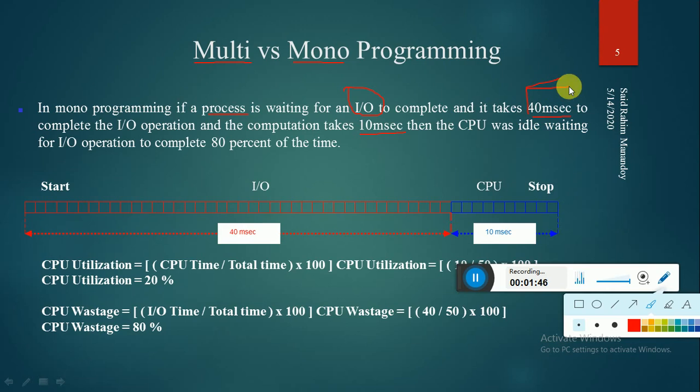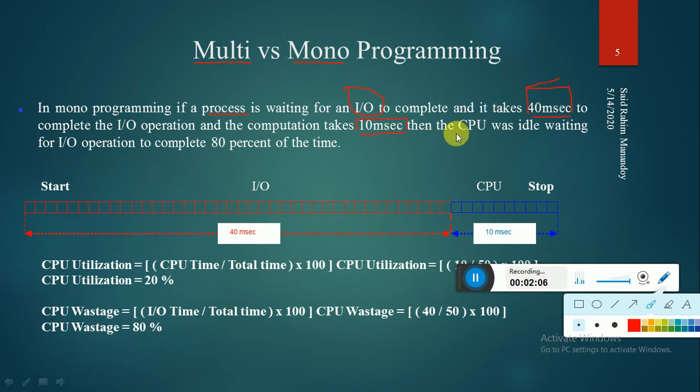Let me clarify this example. Assume that this is a video to be played, so this video needs 10 milliseconds of a CPU to be run and 40 milliseconds of a loudspeaker and the screen to be displayed.